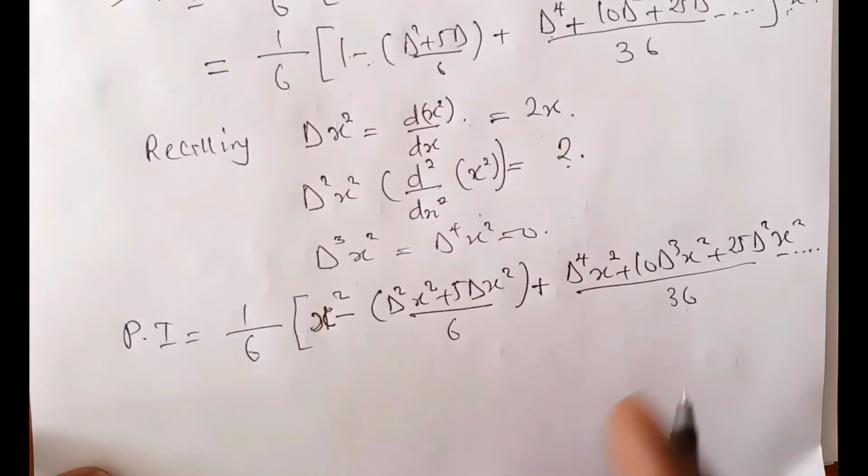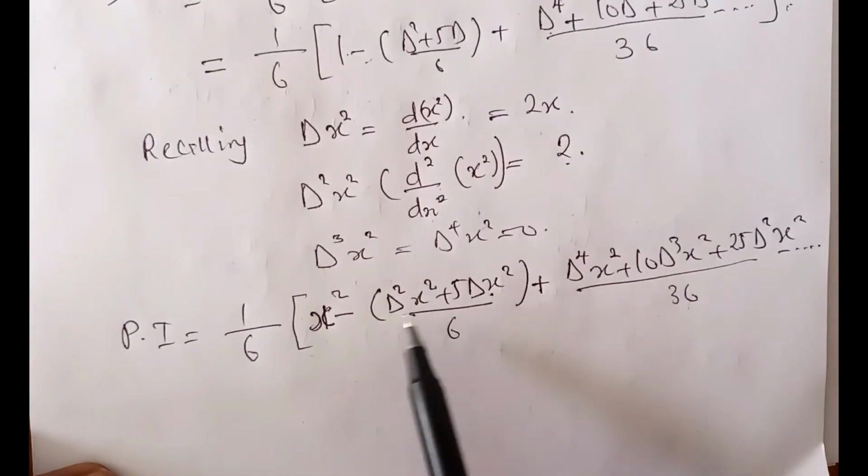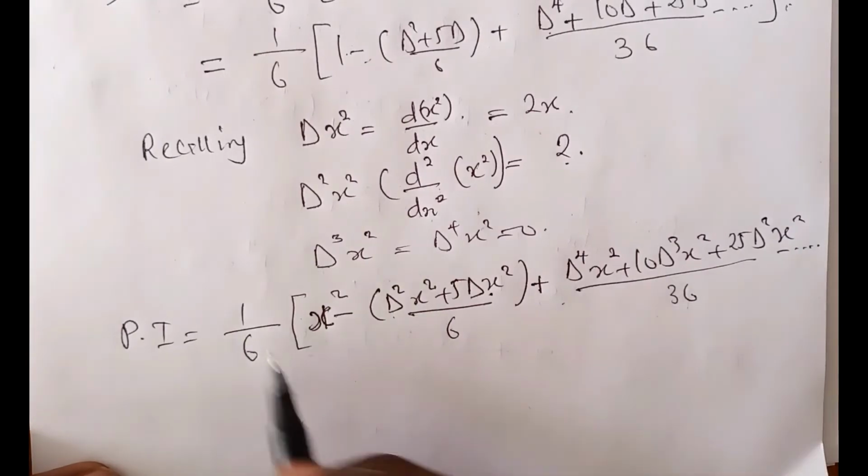Okay, so right now we have to substitute: the first derivative, second, third, and fourth are all equal to 0.